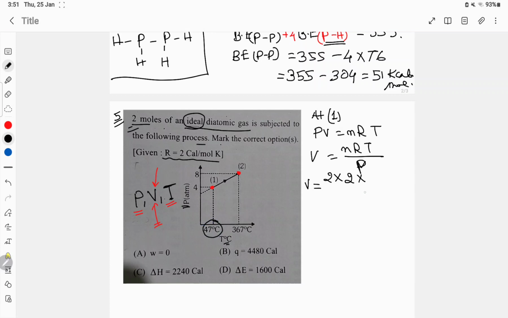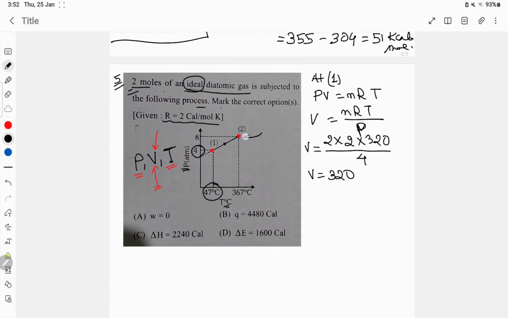Let's convert into Kelvin, so after conversion I get 320, divided by the pressure at point 1, which is 4. So 4 cancels, and V is equal to 320.